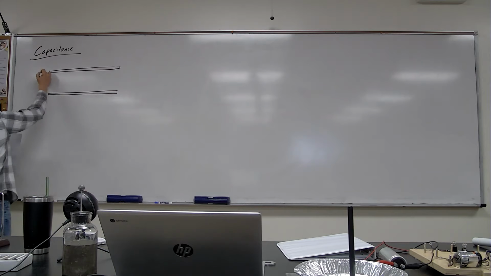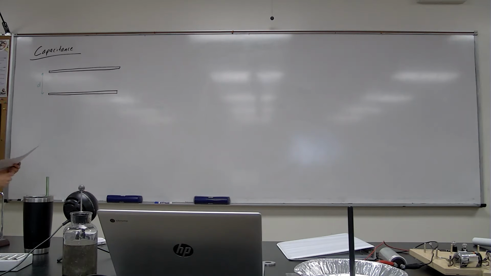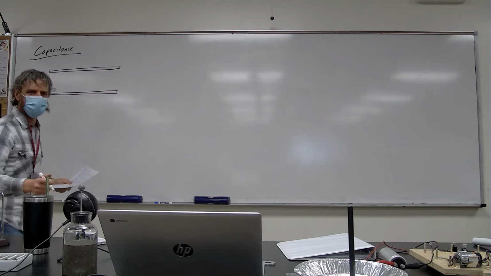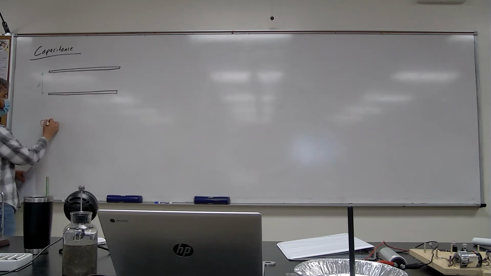So that the distance that separates them, d, is much, much smaller than the actual area of the plates. And let's say that the top guy has positive charge.